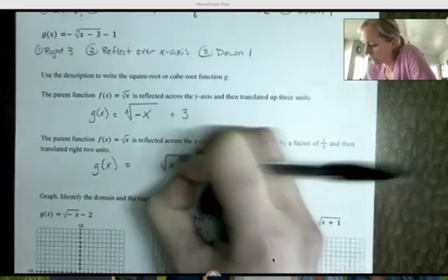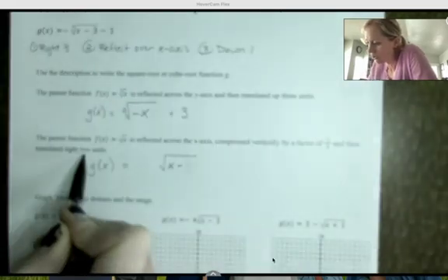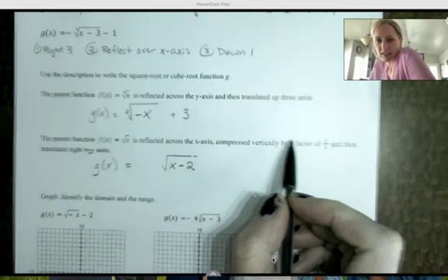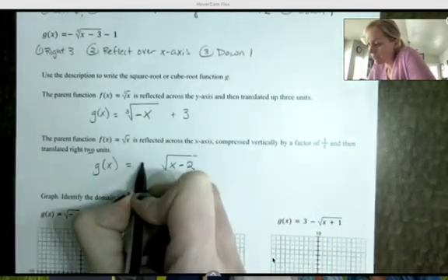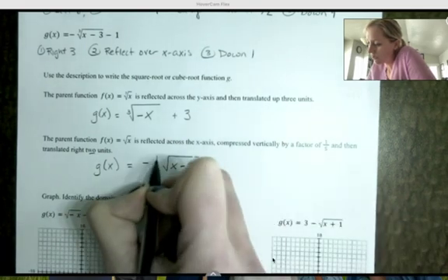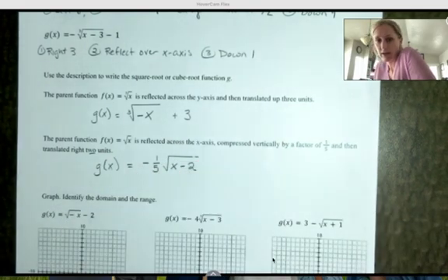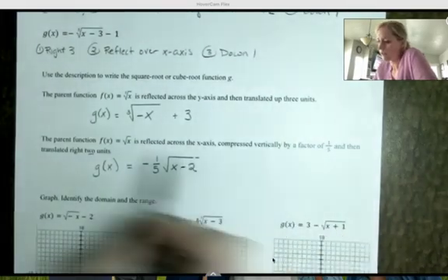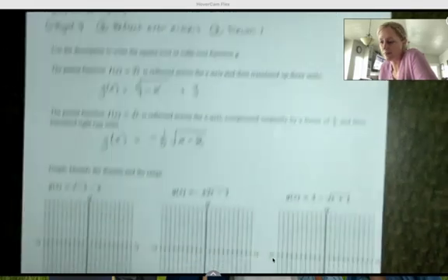Sorry, not right 5, right 2. Reflected across the x means the negative is out front, but there's also this vertical compression of 1/5. And then we don't move up or down at all, so this is our function.